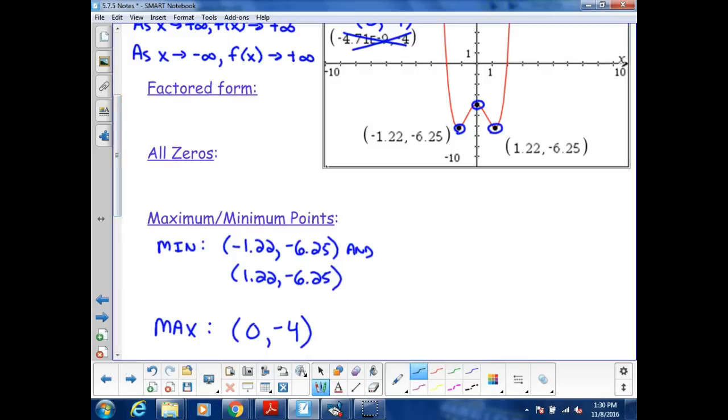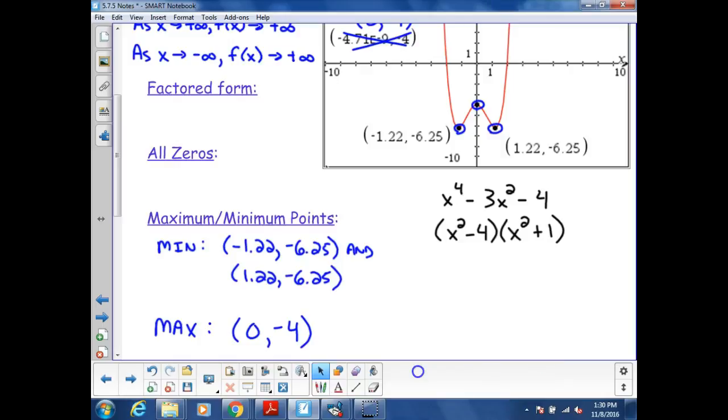So then, let's take our x to the fourth minus 3x squared minus 4, and let's say to ourselves, I can just factor that. This is really x squared minus 4 and x squared plus 1, correct? If I would have done it synthetically, I would have said, all right, negative 2.